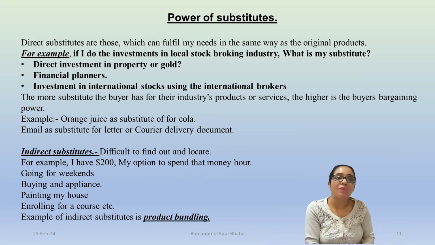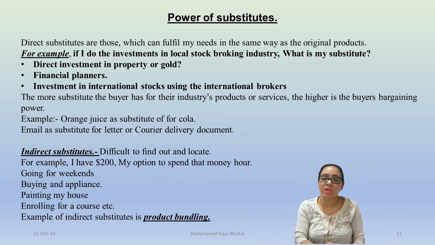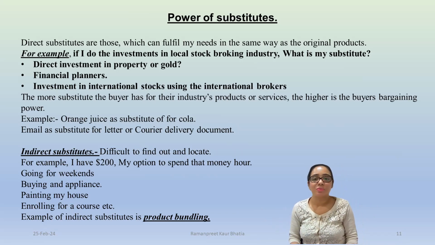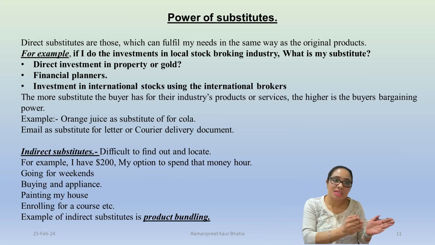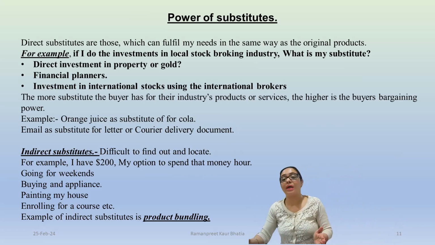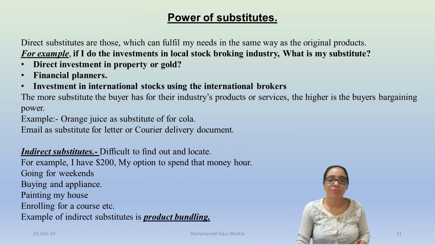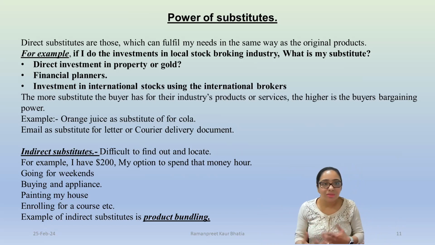If I want to go for a weekend, buying an appliance is not a direct substitute, but it's an indirect substitute, right? I can either spend $200 for going on weekends, or I can buy an appliance. Not direct substitutes, indirect substitutes, but still they are giving me competition.